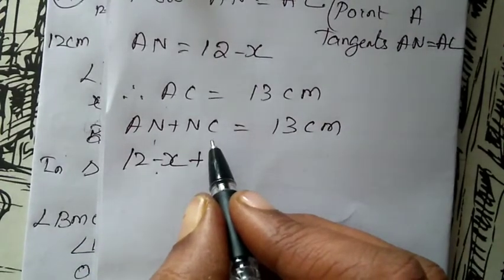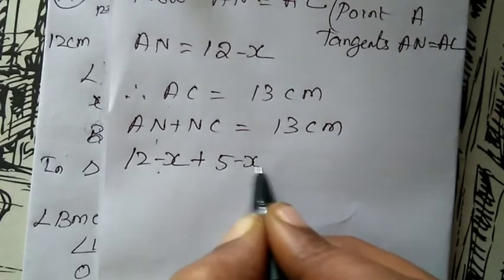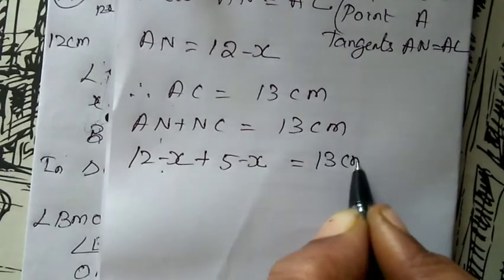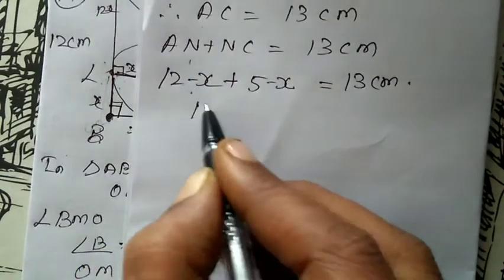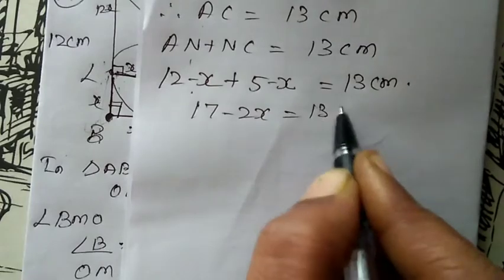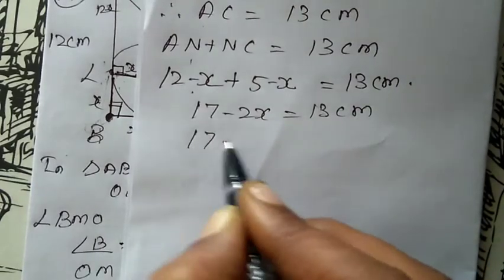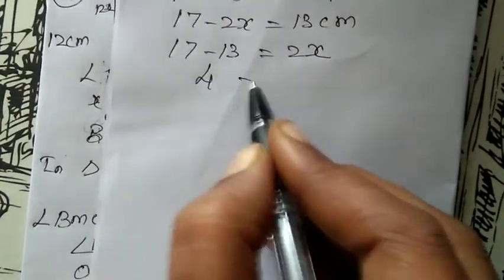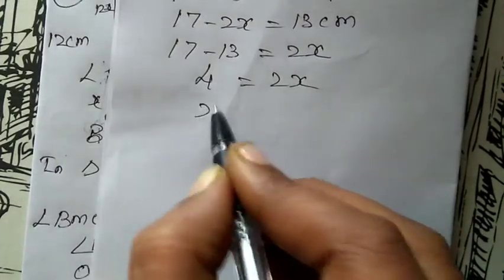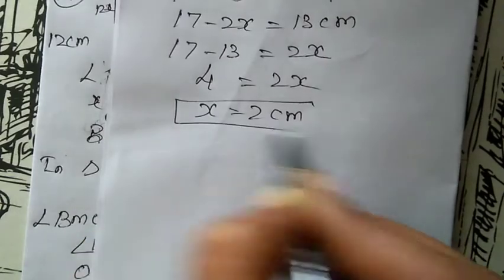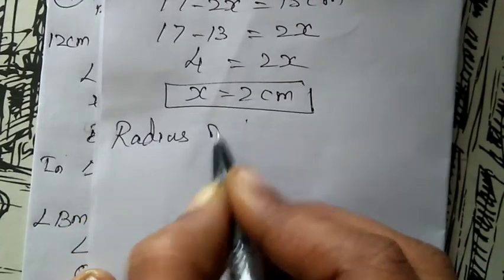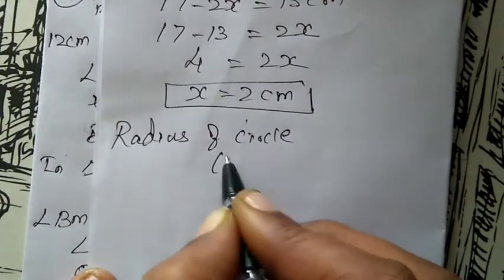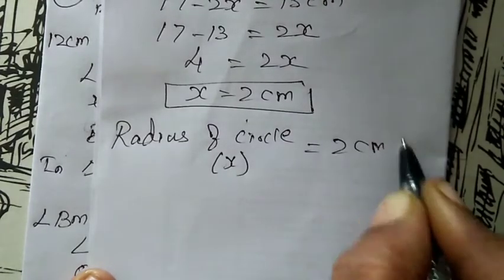And NC is 5 minus x is equal to 13 centimeter. 12 plus 5, 17 minus 2x is 13 centimeter, or 17 minus 13 is 2x. 17 minus 13, 4 is 2x. So, x is equal to 2 centimeter. But what is x? Radius of the circle. Therefore, radius of circle x is equal to 2 centimeter.